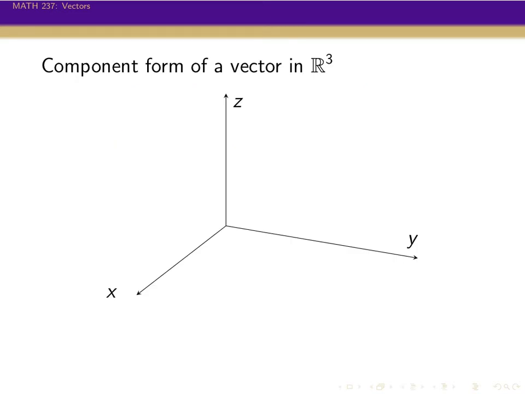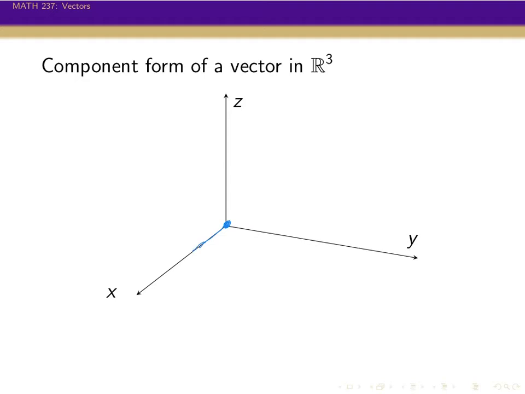Okay, so we've been doing this in R2. We can do this just the same as in R3. Same as in R3, vectors are now moving around in 3 dimensions. We can put it in standard position. So standard position is at the origin in R3.